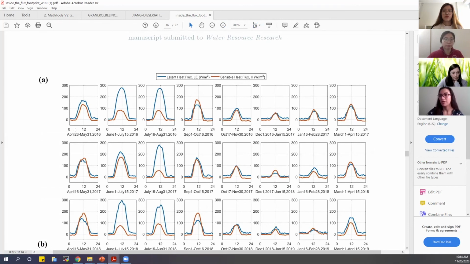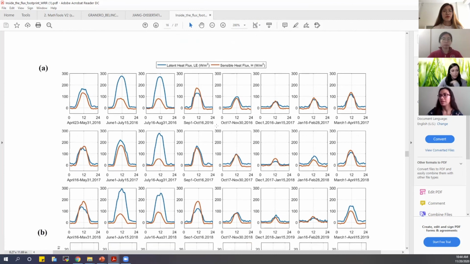As they grow, June and July are the most active for the latent heat flux. Then it decreases until harvest, which usually occurs around the end of October or November. For the rest of the year, it is not as high as when we have crops on the field. So definitely you can see the influence of the vegetation being a large carrier of fluxes in the field.